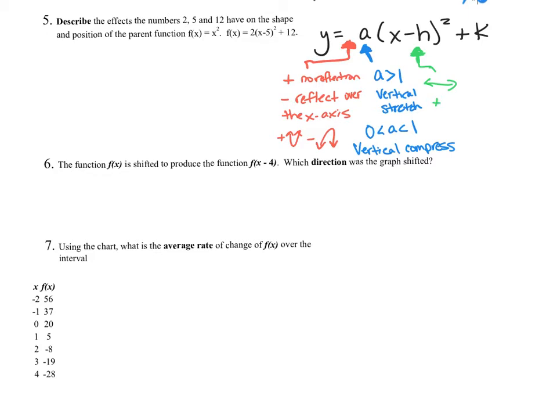Once we pull it out and do the opposite, let's say if it's negative 5 within there, then it would be positive 5. So positive means we're going to go right. If it's negative, then it will go left. But remember, we're looking at the opposite of what it is. Then last is going to be our k.